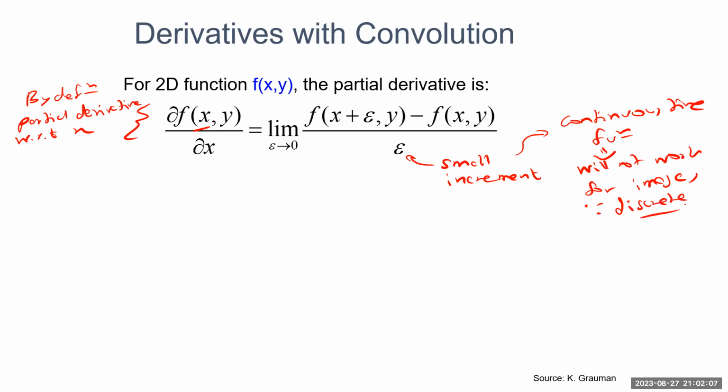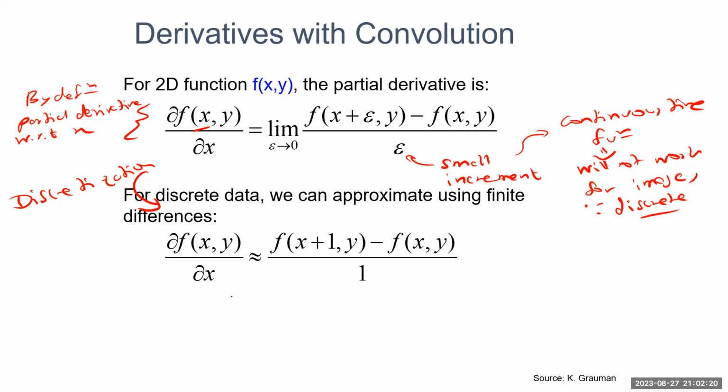So in that case, what we do is discretization. After discretization, instead of the small increment, we will have 1. So this 1 will actually be 1 pixel for an image.